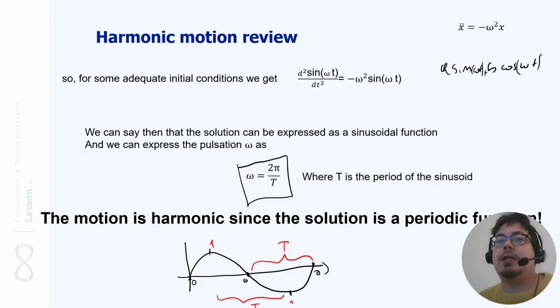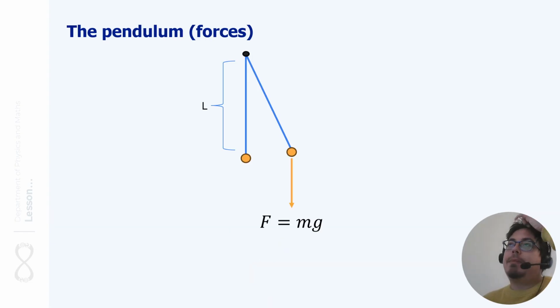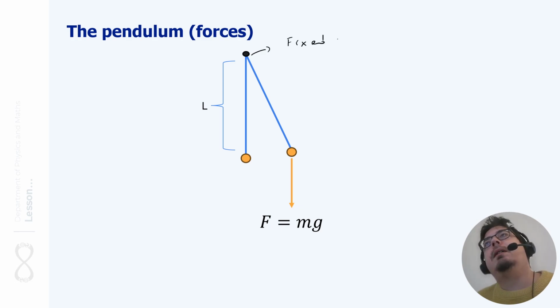Now we jump right into the example of a pendulum. Okay, this is a very idealized pendulum. Why is it idealized? Because basically we have a fixed point, which is this one, and there won't be any force exerted.